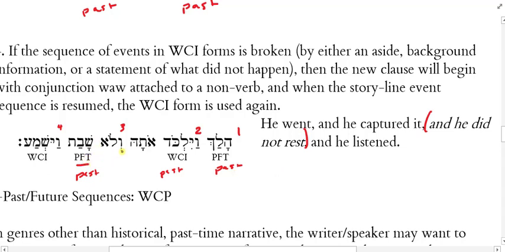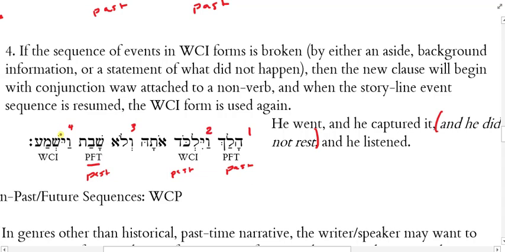Okay? Notice that after the first perfect, as my sequence continues, every clause begins with a vav. Va yilkod otah. V lo shavat. Va yishma. Okay? And it is a characteristic of Hebrew clauses that almost every Hebrew clause in the Hebrew Bible begins with a vav.